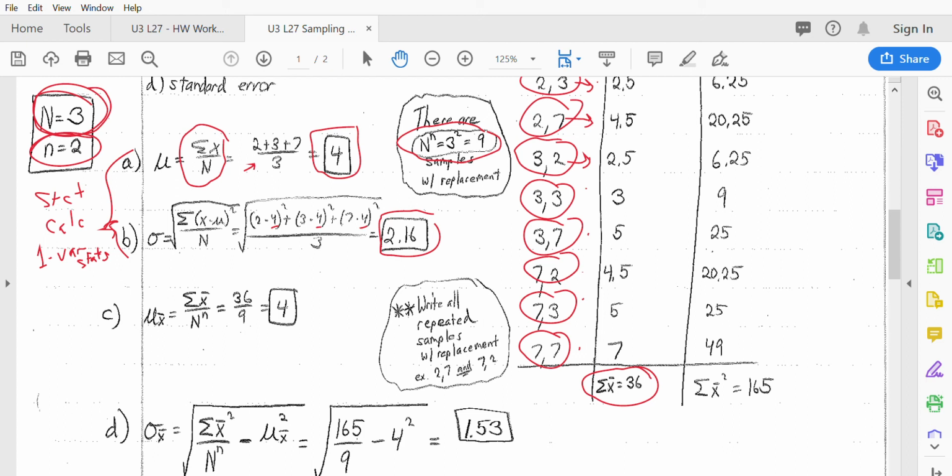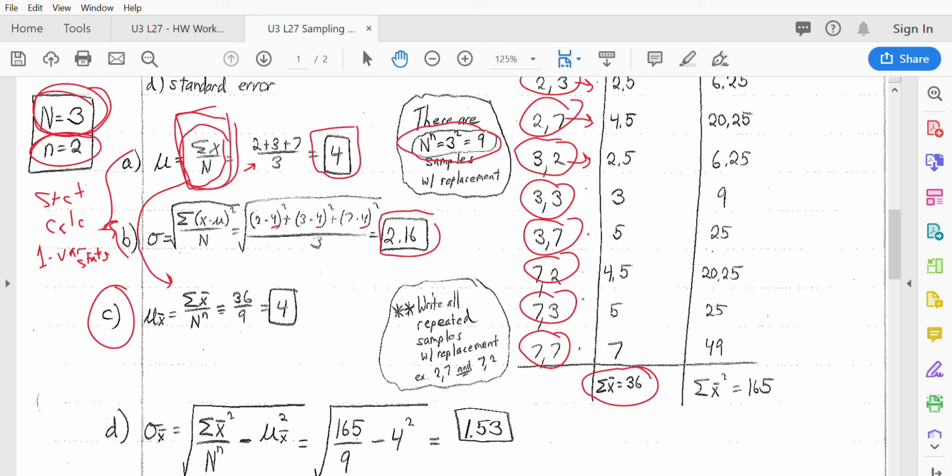So, to find part C, the mean of the sampling distribution, the formula doesn't change. I simply take this formula from part A and transpose it down to part C. Instead of the sum of the x's, it's now the sum of the x bars. Instead of dividing by capital N, you're dividing by the number of samples. But how many samples are there with replacement?